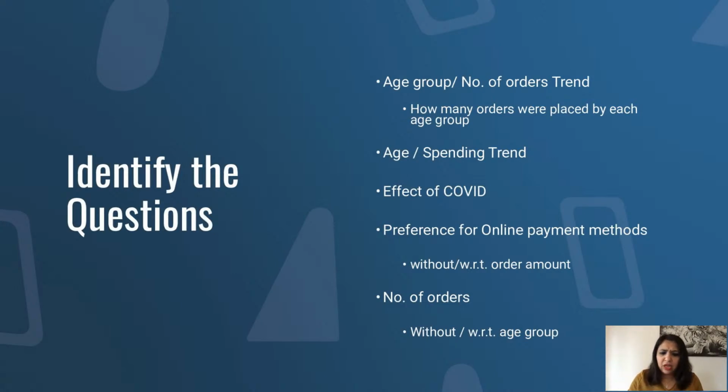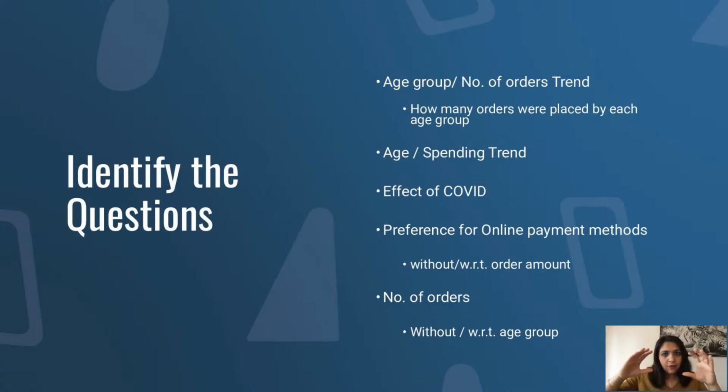So maybe we need to know the trends there with respect to age group, with respect to the number of orders placed. Maybe we want to target age groups based on their COVID ordering preferences or changes. Or maybe we want to couple certain parameters like age group with online payment methods and so on and so forth.